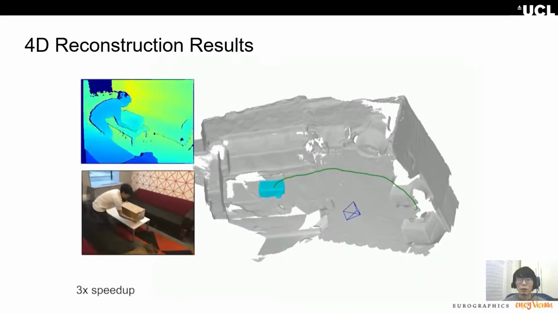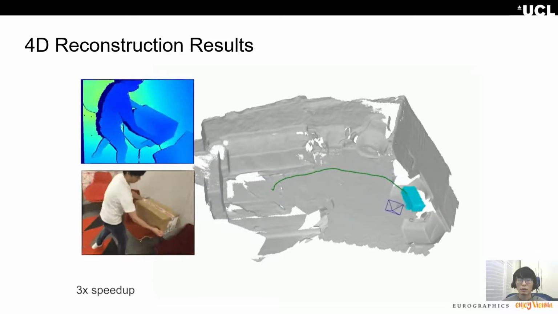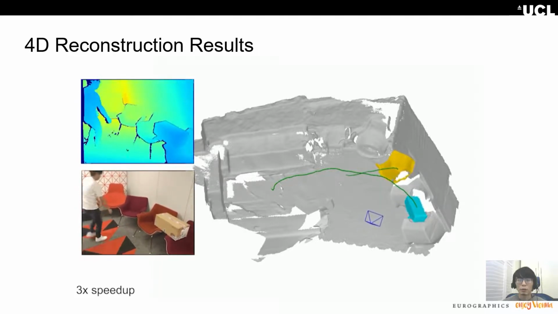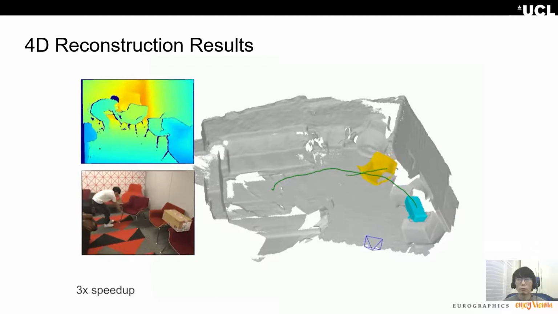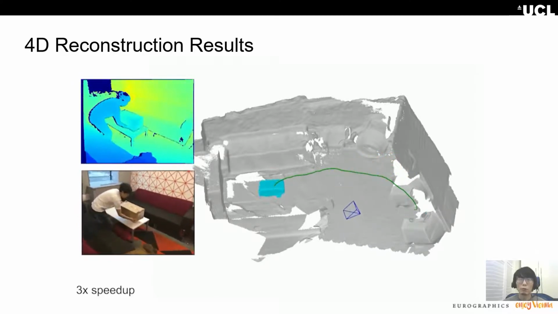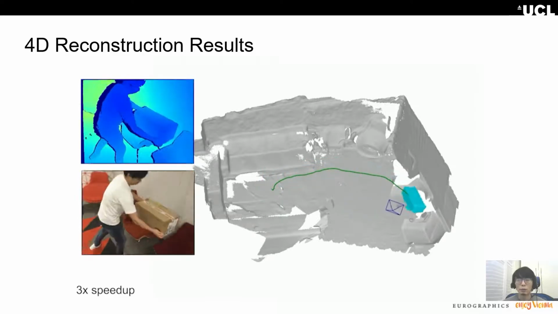Now let's see our output for the reconstruction. Our system successfully reconstructed the 4D reconstruction in this dynamic environment and built the full trajectory of these two moving objects, without assuming we know the type or the semantic label of those moving objects.